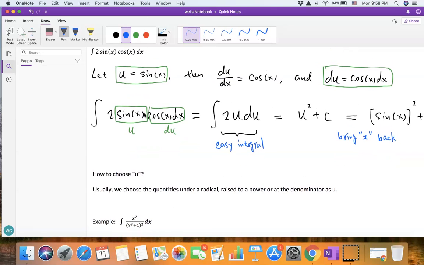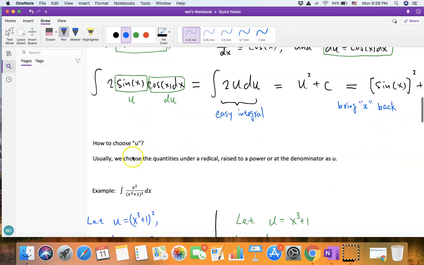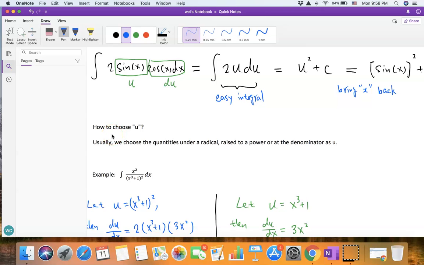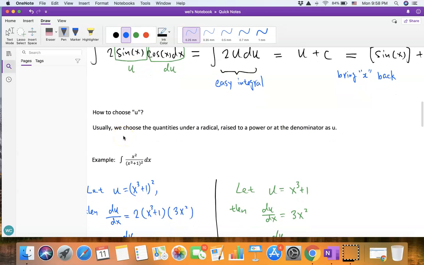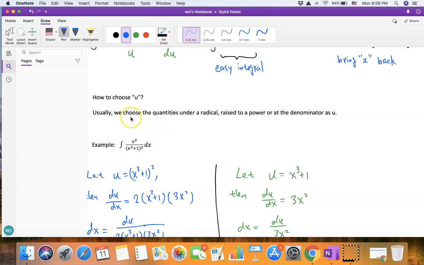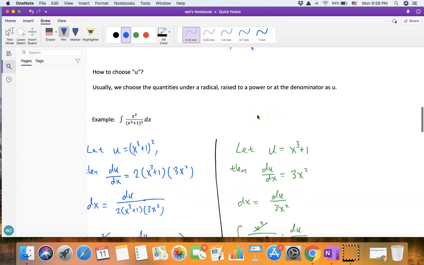This involves a problem which we call how to choose u. Usually we choose the quantities under a radical, or raised to a power, or at the denominator as u, just usually. There is not a formula or a guideline that tells you u is always what.